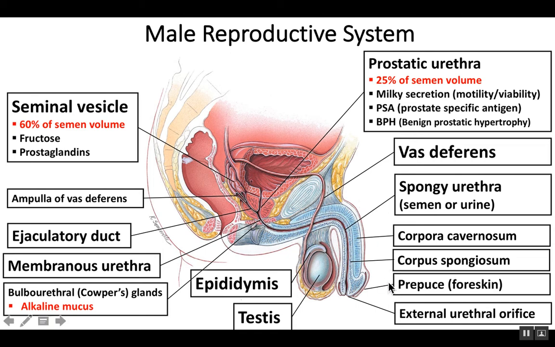Finally, we also notice the foreskin. Foreskin is the skin that surrounds the end of the penis. The end of the penis is known as the glans penis. And the foreskin, or prepuce, is what's removed during a circumcision. So quite a bit of anatomy, all on this picture.